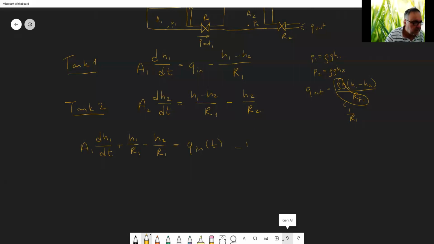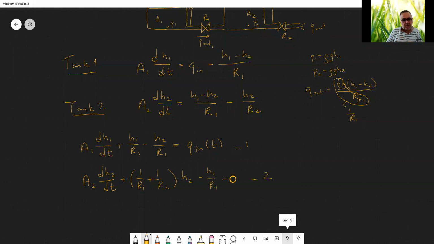And then you have A2 dH2/dt, now we have H2 over R1 here, H2 over R2 here with negative signs. So you have 1 over R1 plus 1 over R2, H2 minus H1 over R1 is equal to 0. And this is our second equation.